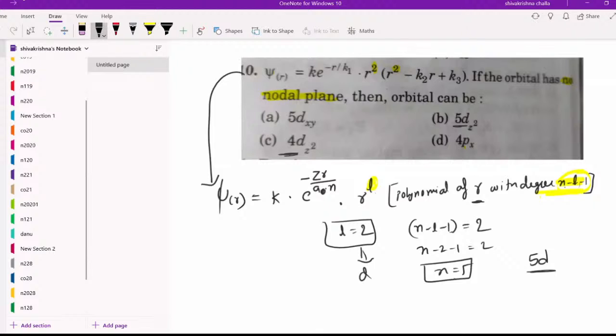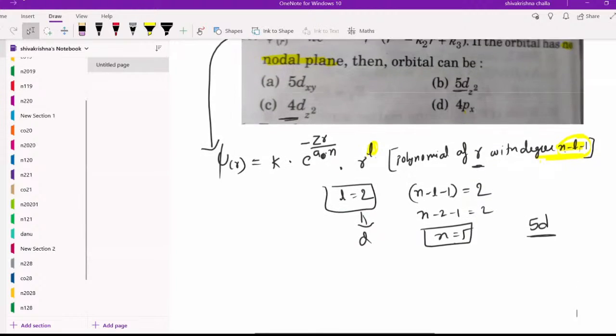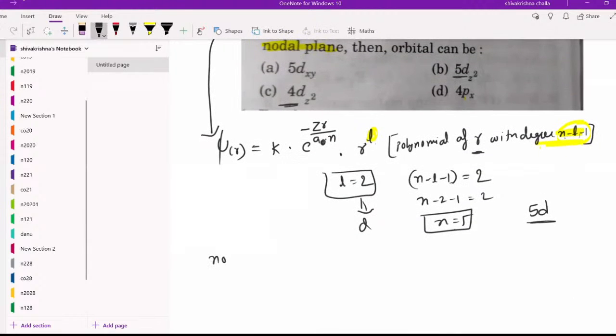Now in that 5d, which d orbital? Yes, they gave one logic: no nodal plane. Generally, the number of nodal planes is equal to l. Already l is equal to 2.